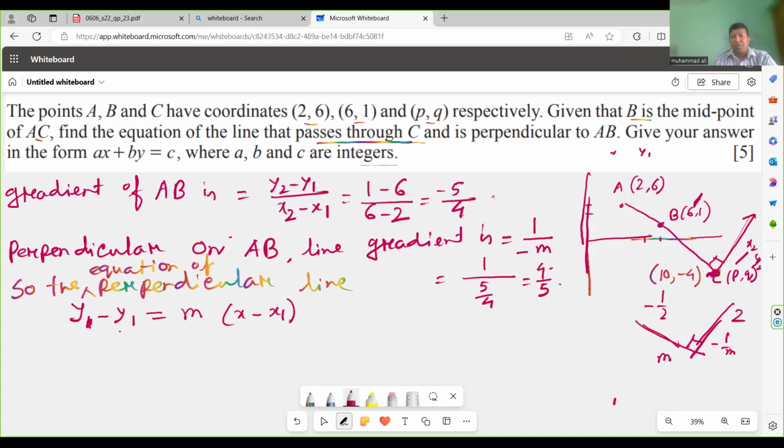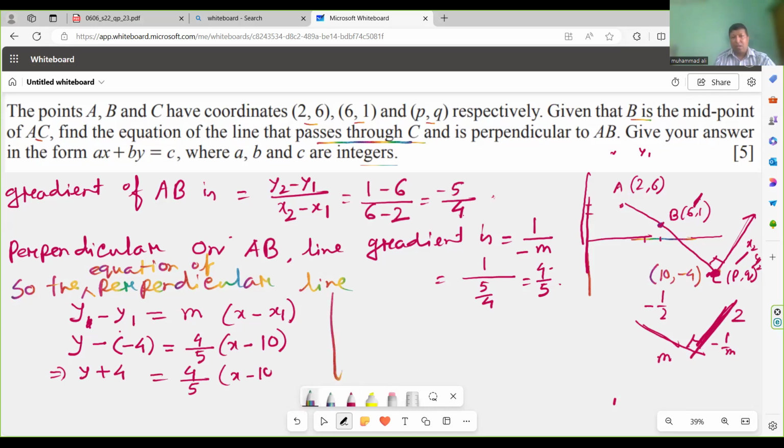This is the coordinate of C because this line passes through C. So we write y - y1, where y1 is -4, equals m, which is 4/5, times (x - x1), where x1 is 10. So it will be y + 4 = 4/5 (x - 10).